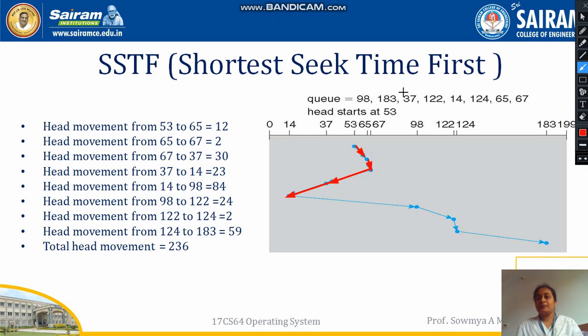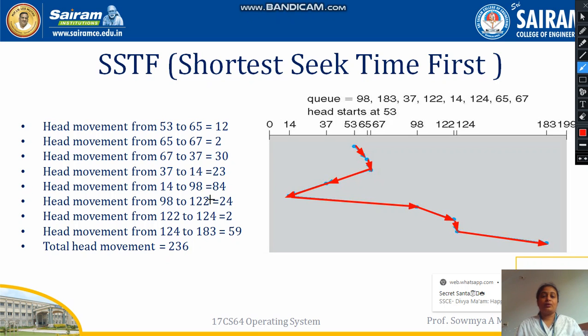From 14, since 37 is already finished, 65 is finished, 67 is also finished, out of 124, 122, 183 and 98, 98 is the nearest value. So move ahead from 14 to 98. From 98 move to 122. From 122 move to 124, and from 124 to 183.